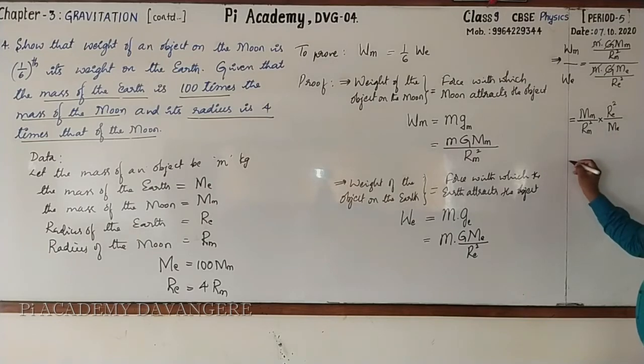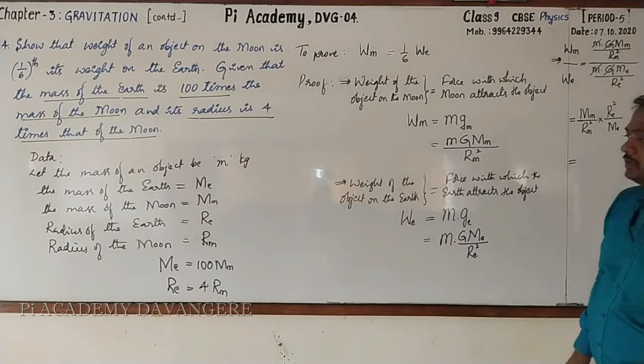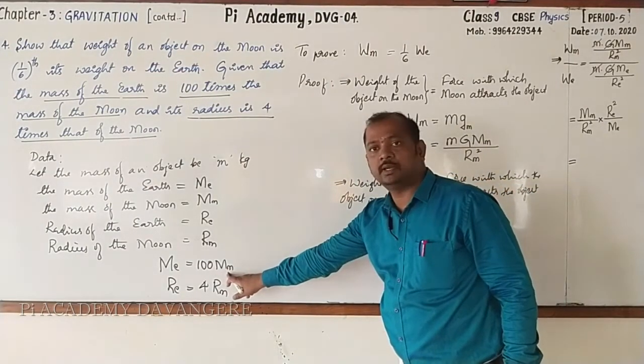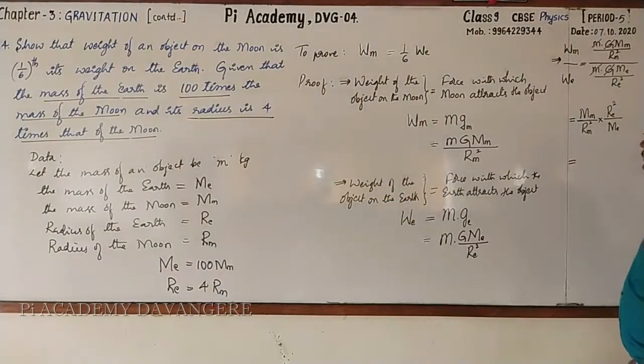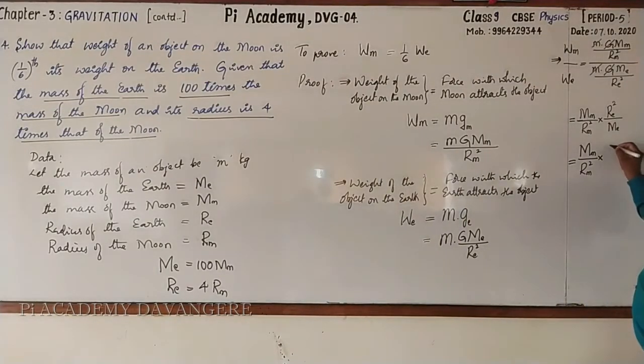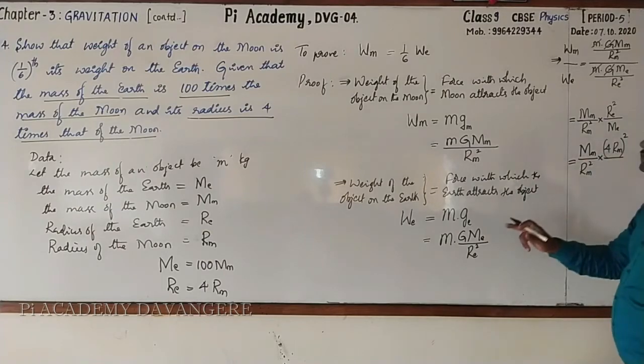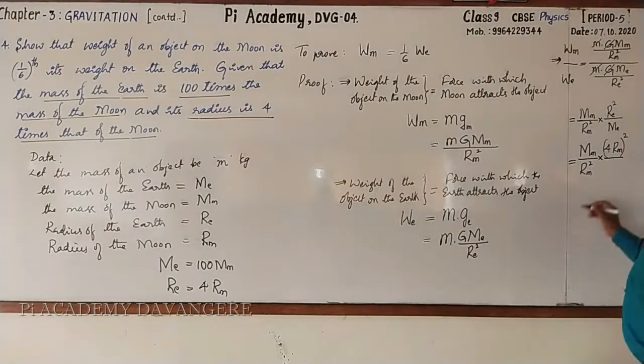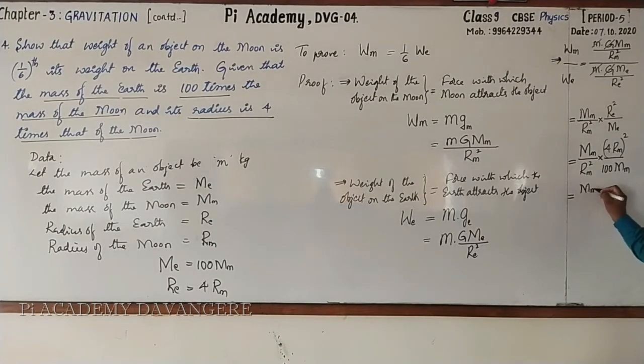This is equal to, they have given that Me is 100 times Mm, Re is 4 times Rm. Here I write mass of the moon as it is, radius of the moon as it is, into Re, it is 4 times radius of the moon whole square, divided by Me, it is 100 times mass of the moon, which is equal to this, m by Rm square.